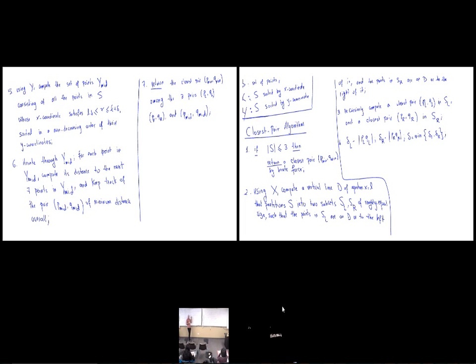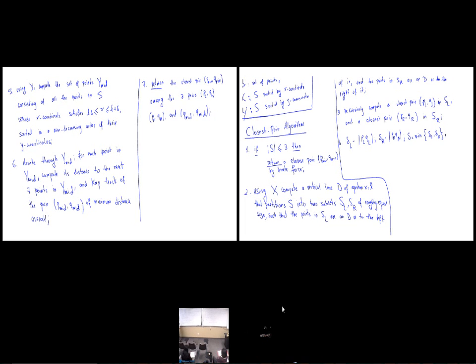So my question is, instead of sorting y initially before the algorithm, after the fourth step we pick the delta, right?